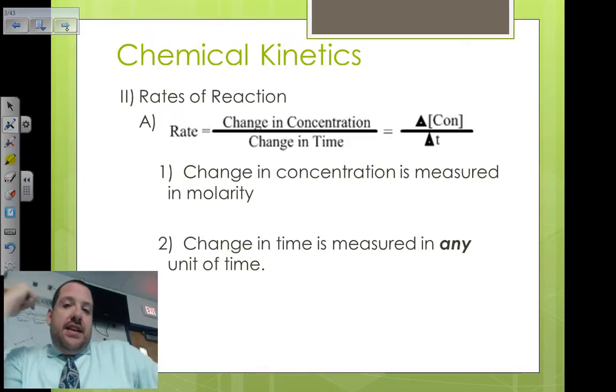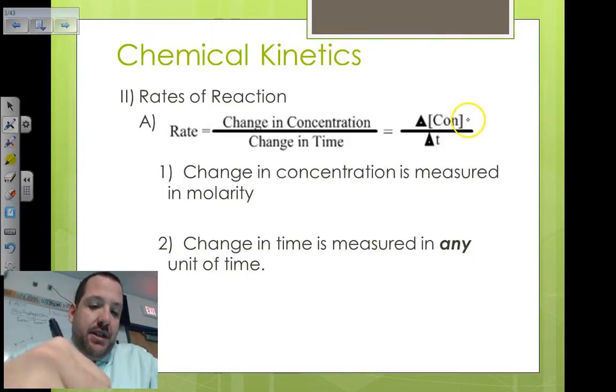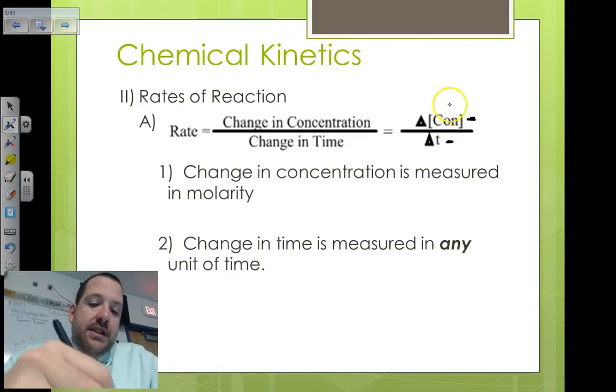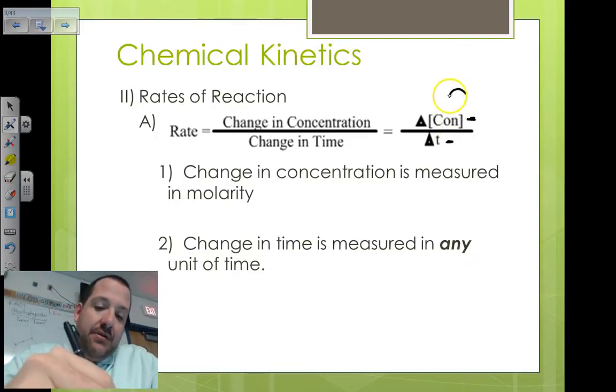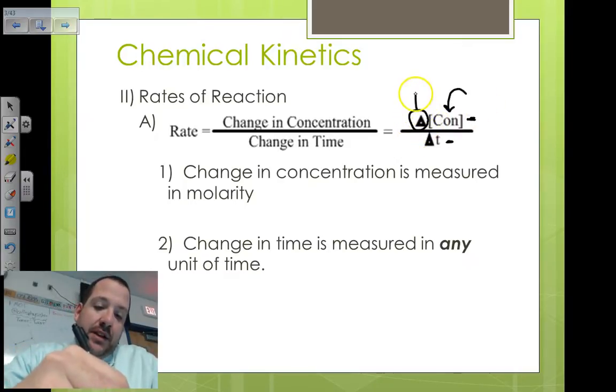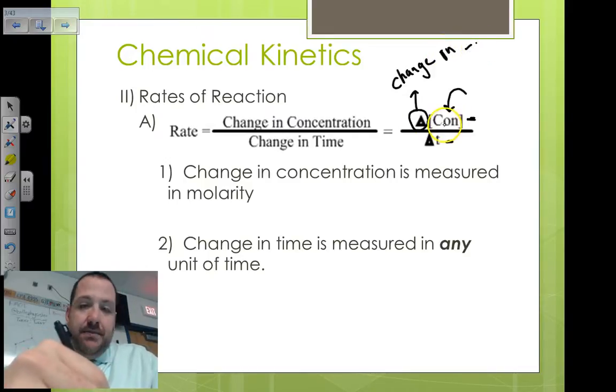So a rate, no matter what you're measuring the rate of, is the change in something over the change in time, okay? And so for a rate of a reaction, it's how the concentration changes over time. Keep in mind that this capital Greek letter delta always means change in, and then it's a change in whatever happens to be here.